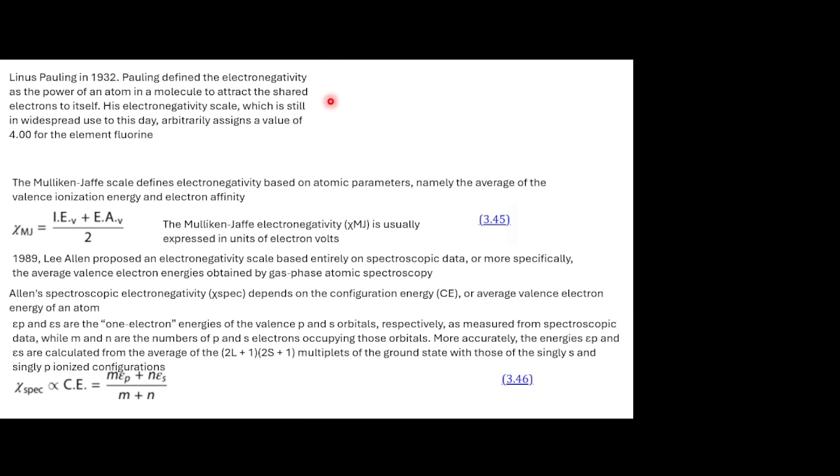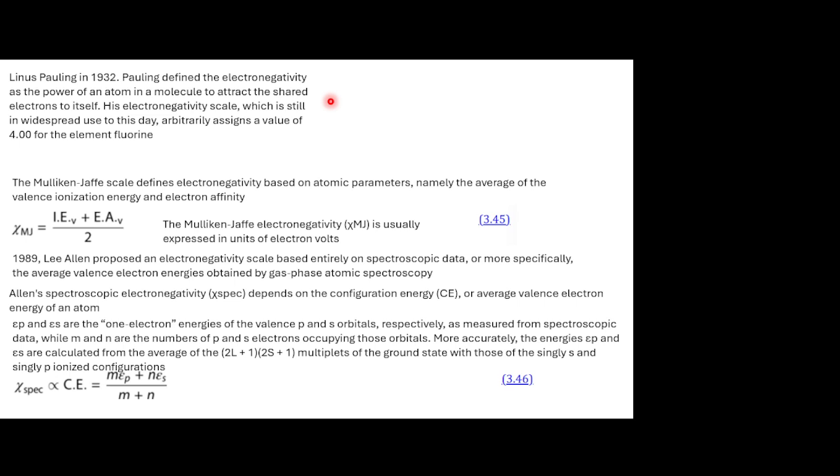Okay. So one of the last things we need to talk about a bit is electronegativity. So this is actually Linus Pauling, 1932, one of the most award-winning scientists of all time. By the way, he said you should get model kits.